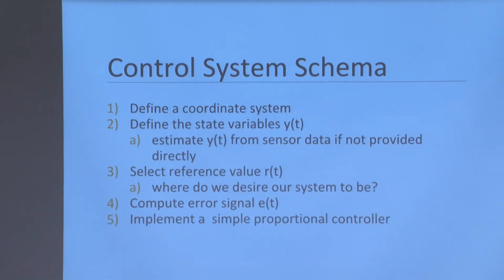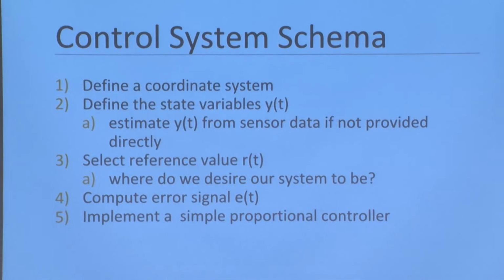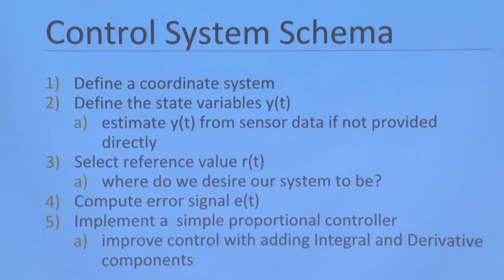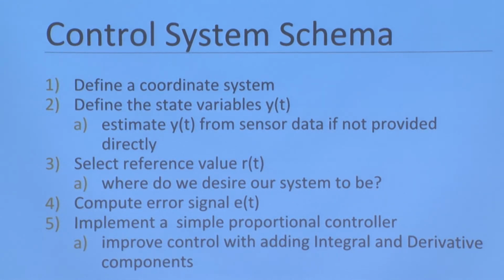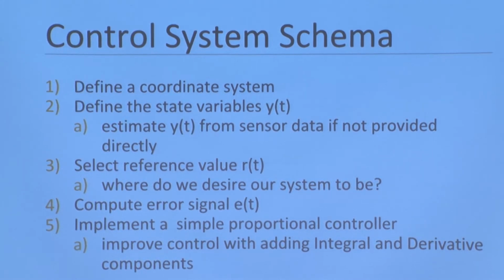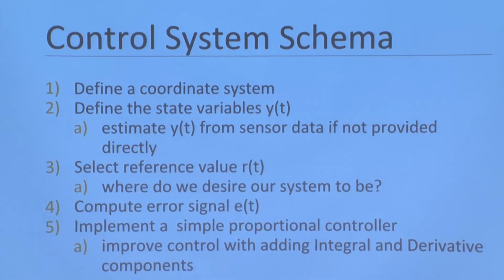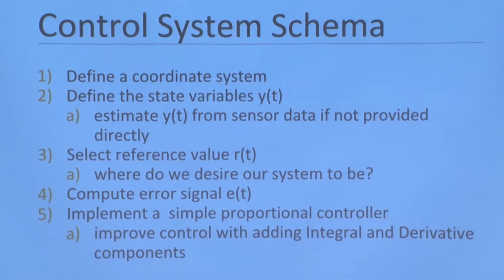And then I recommend implementing a simple proportional controller just to make sure the whole platform's working. But then after that, try to improve the control with integral and derivative components. So make it maybe a PID controller, whatever you want to do. Or take some more control classes and do something a little bit more fancy. And I think these steps will help you when you approach a new control problem.